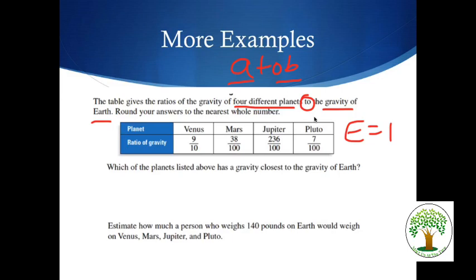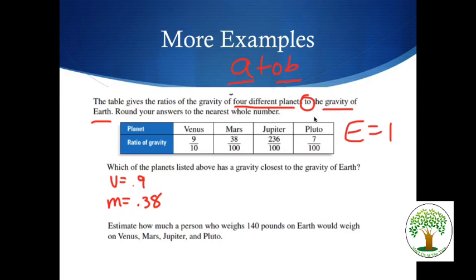Another way to do this is get your calculator out. Venus, I'm going to just make a V, is 9 out of 10, which is 0.9. Mars is 38 out of 100, that's 0.38.